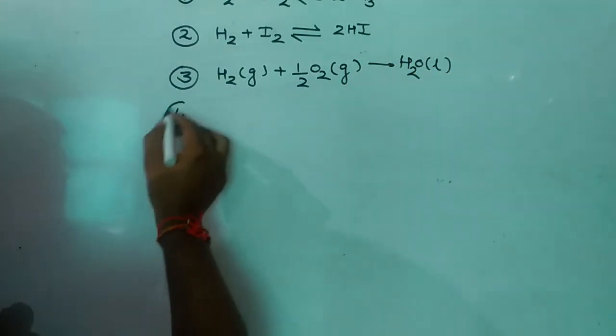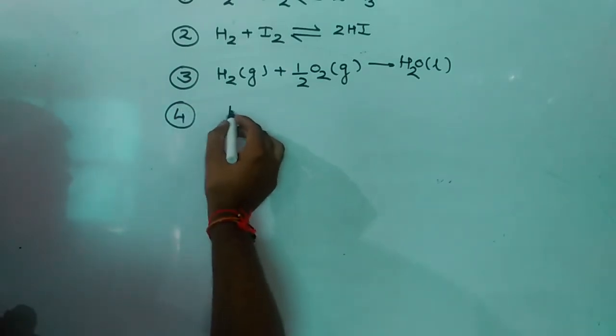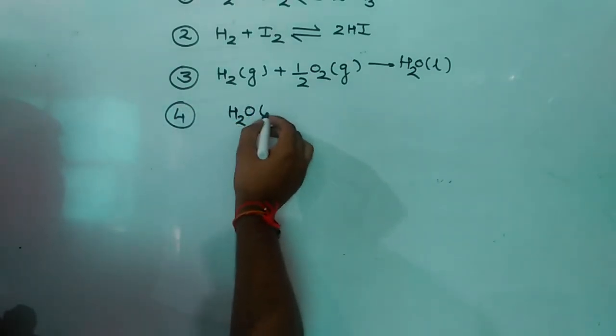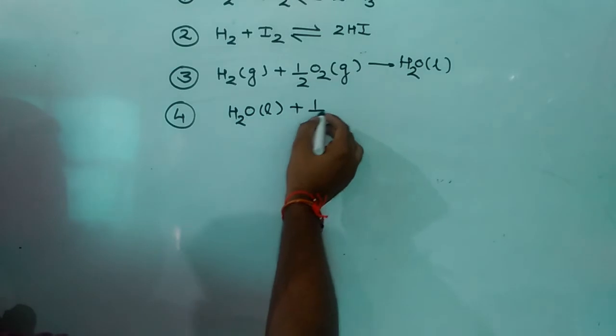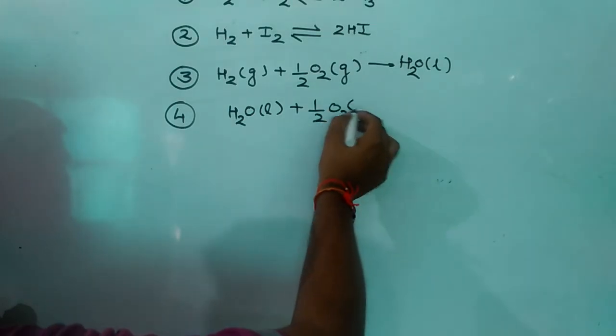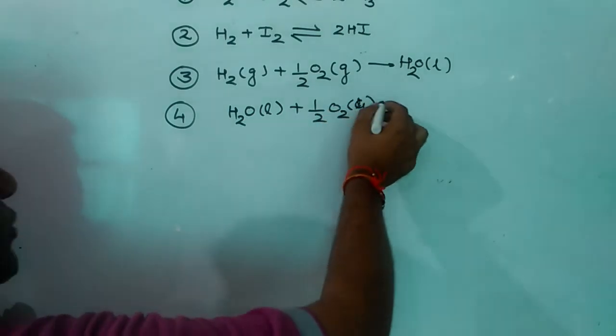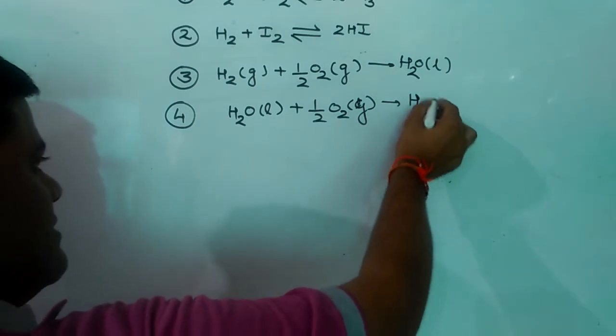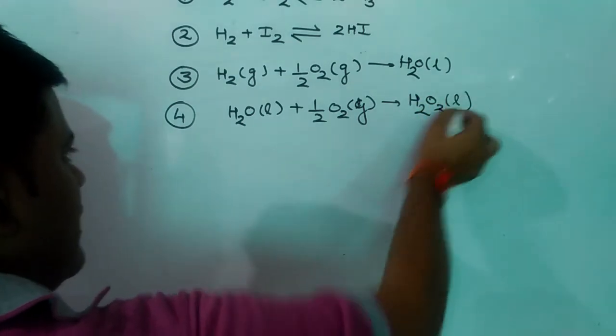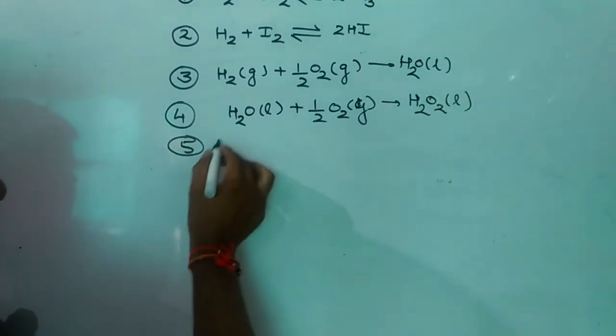And fourth option is H2O liquid plus half of O2 gas gives H2O2 liquid. And fifth option is all of these.